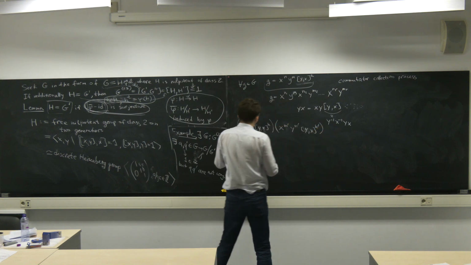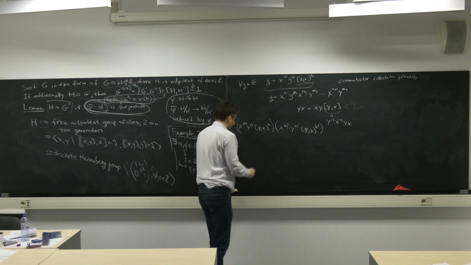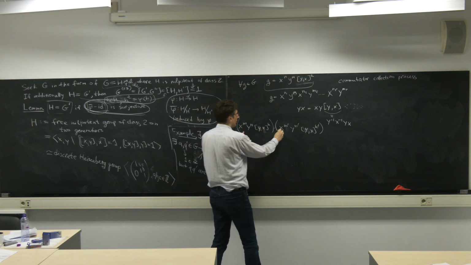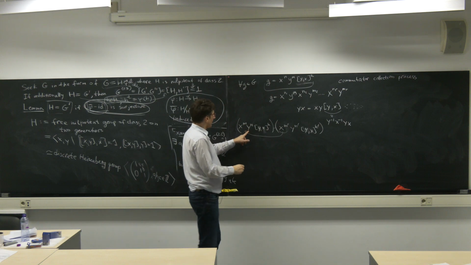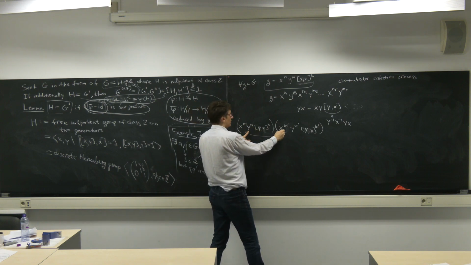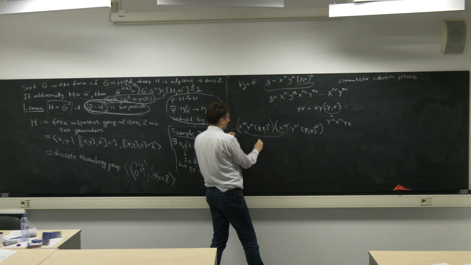So how do I multiply them? Well, I want to bring this x to the left, and so I have to exchange x and y with each other n times m prime times.